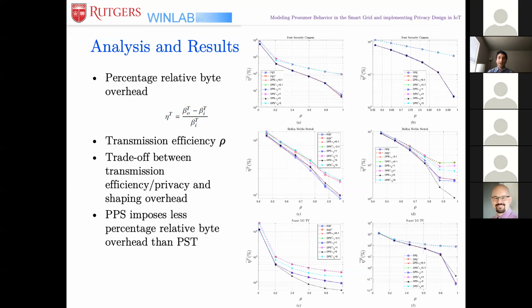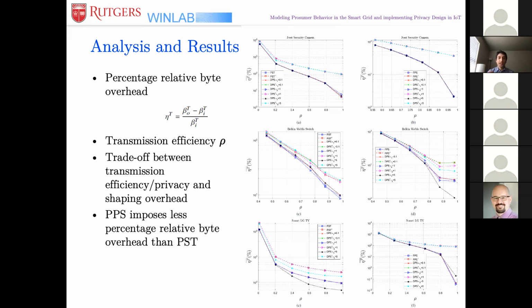The figures show how the system behaves in terms of percentage relative byte overhead with change of efficiency level, which is the ratio of input byte rate to output byte rate during the time period of T. We also observe the overhead imposed to the system by the new TCP/IP header, shown by the dashed line.